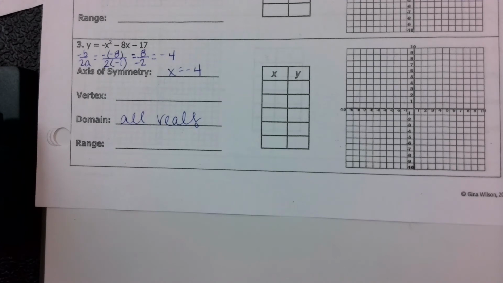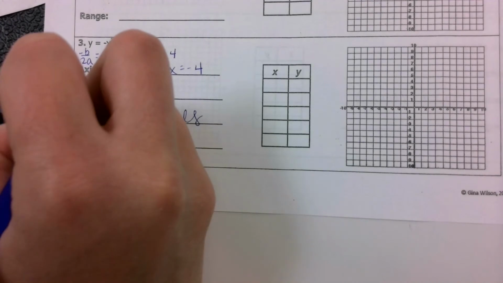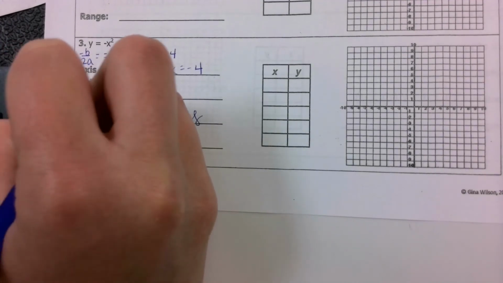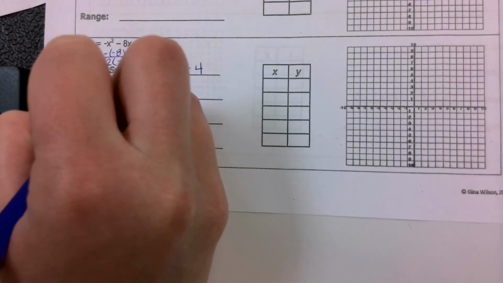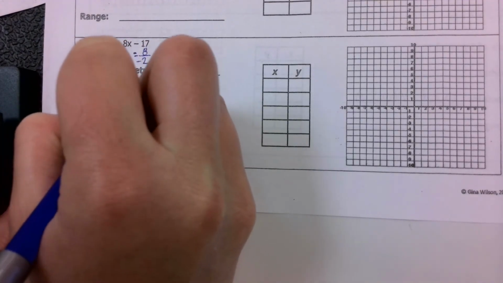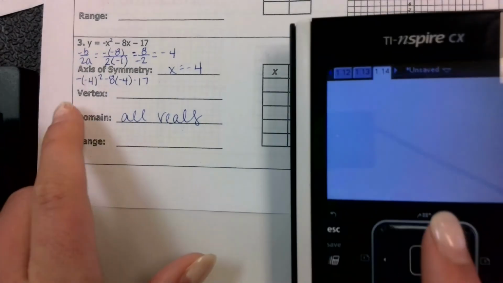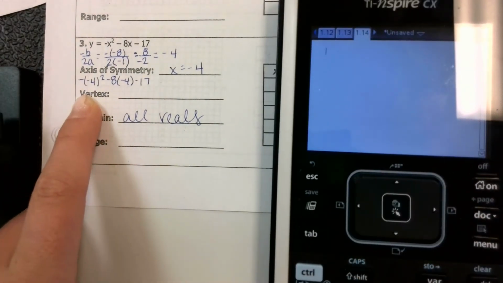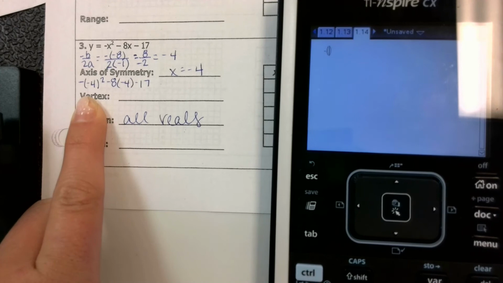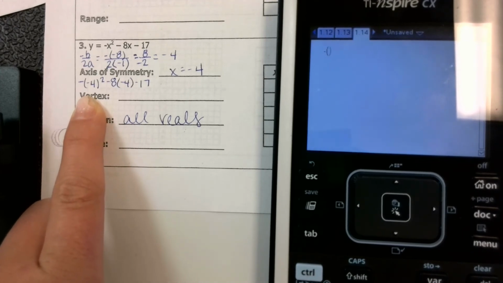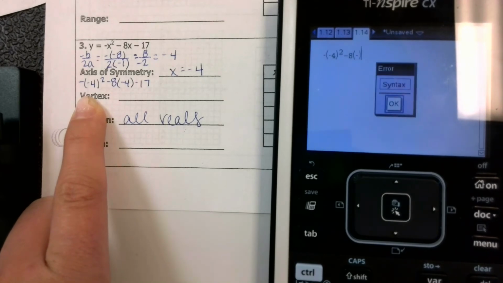Then you need your vertex. How do you find that? Plug it back into your original. So we've got negative 4 squared minus 8 times negative 4 minus 17. Do y'all want to just type this in the calculator? There's a lot going on there, so we can do that. I'm going to type it exactly as we have it written here. So are parentheses important? Yes, absolutely. So parentheses, negative 4 squared minus 8, negative 4.